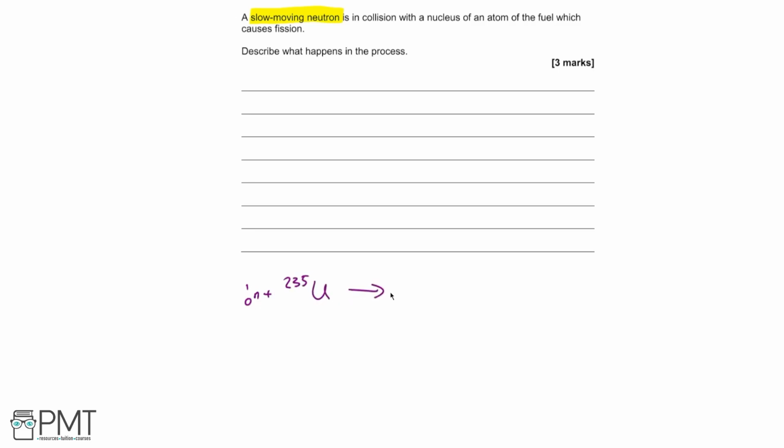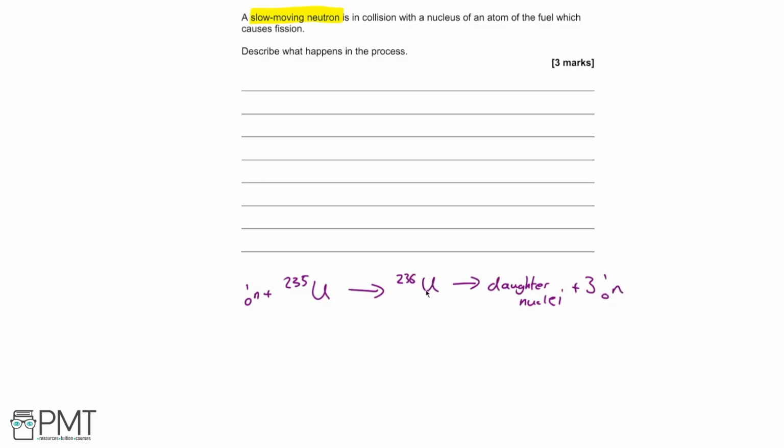Then, what happens is the uranium absorbs the neutron to form a different version of uranium, uranium-236, and this quickly decays into daughter nuclei plus several neutrons, usually 3. So 3, 1, 0, n.